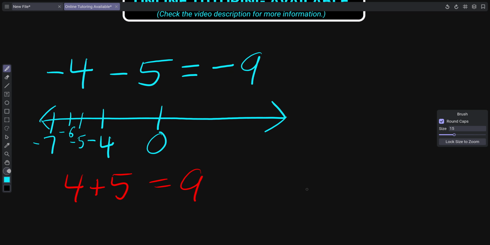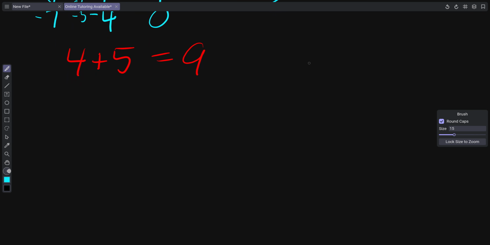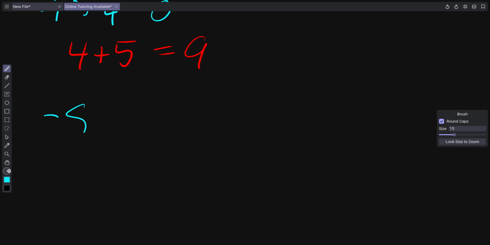Similarly, if we had something like negative 8 minus 9, it's going to seem like these are going to be added, but we're actually counting down from the negative number, but it's going to seem like a greater value.